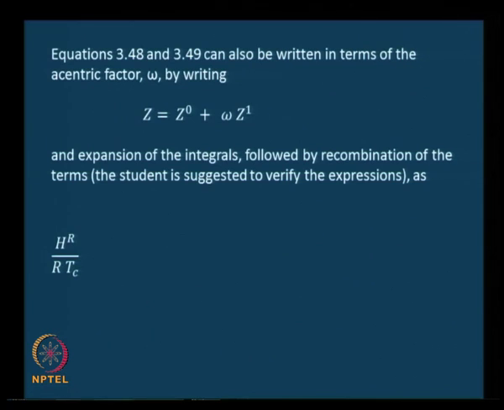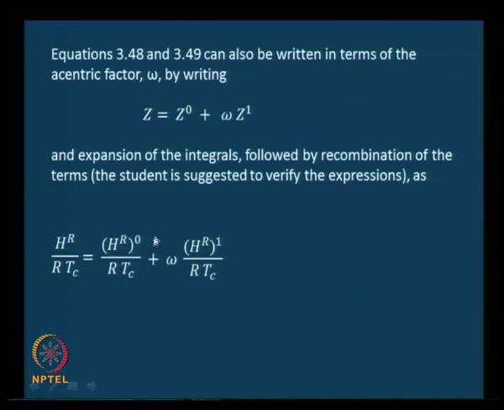Let us continue. If we do that, that is, substitute z in the previous expressions in terms of z0 plus omega times z1, HR by RTC can be written as HR0 by RTC plus omega HR1 by RTC.